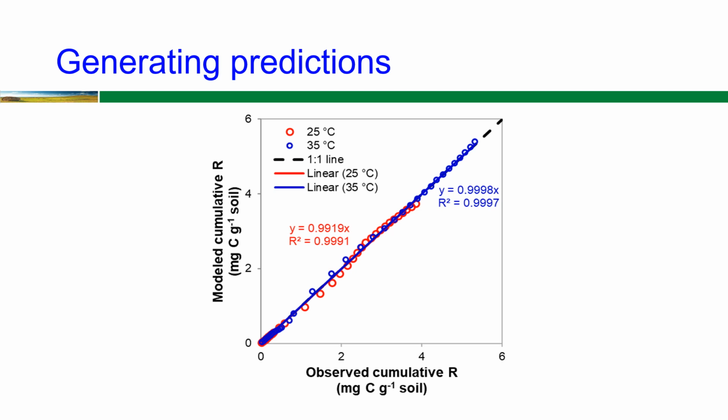Here, if all dots are right on the one-to-one line, it means the model simulations are exactly equal to observations, which of course is very unlikely. In practice, we can use a regression line to describe the comparison of model simulations and observations. The regression lines are very close to the one-to-one line here. This indicates that the constrained model fits the data very well.